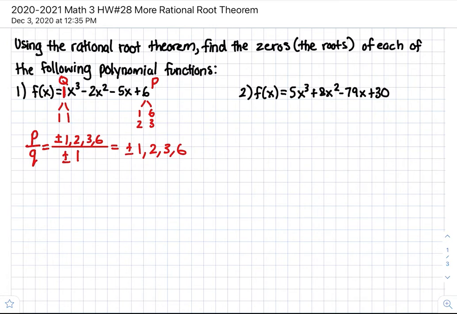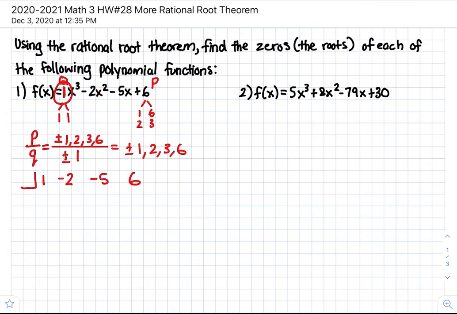So we gotta set up our synthetic division, and we got 1, we got -2, we got -5, and we got 6. You write down the coefficients of each term of the polynomial.